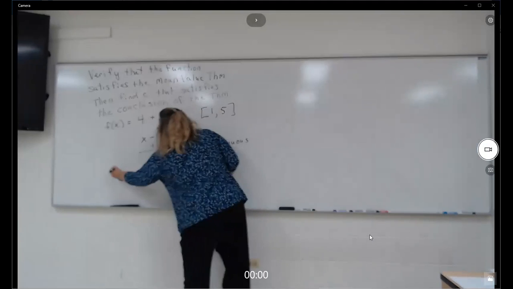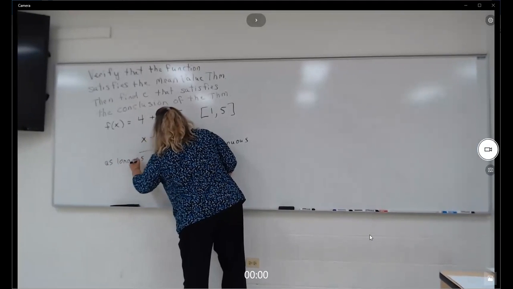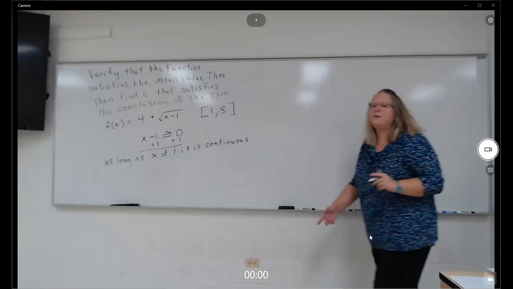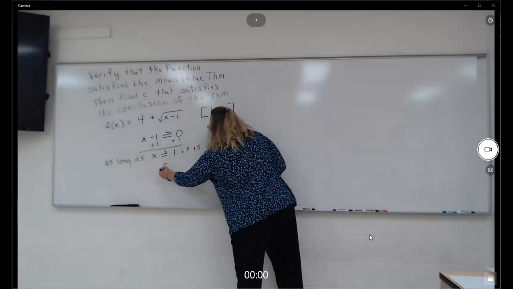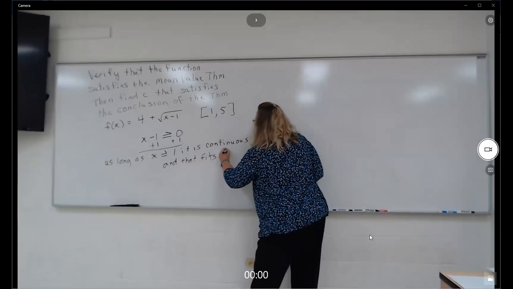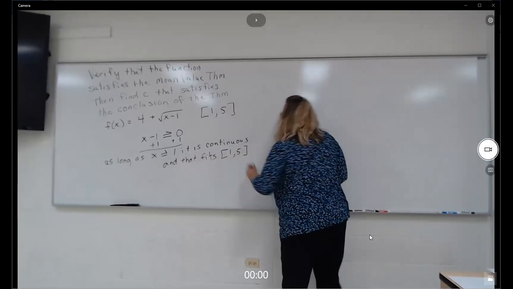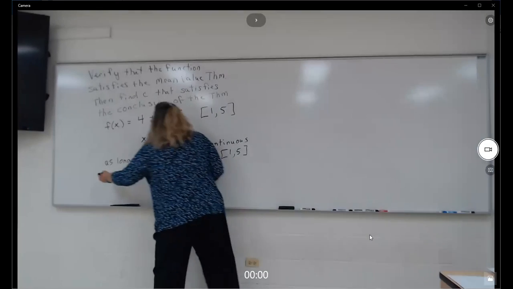Just put that in your notes: as long as x is greater than or equal to 1, it is continuous, and that fits the interval. And I'm okay with that. So that's 1.